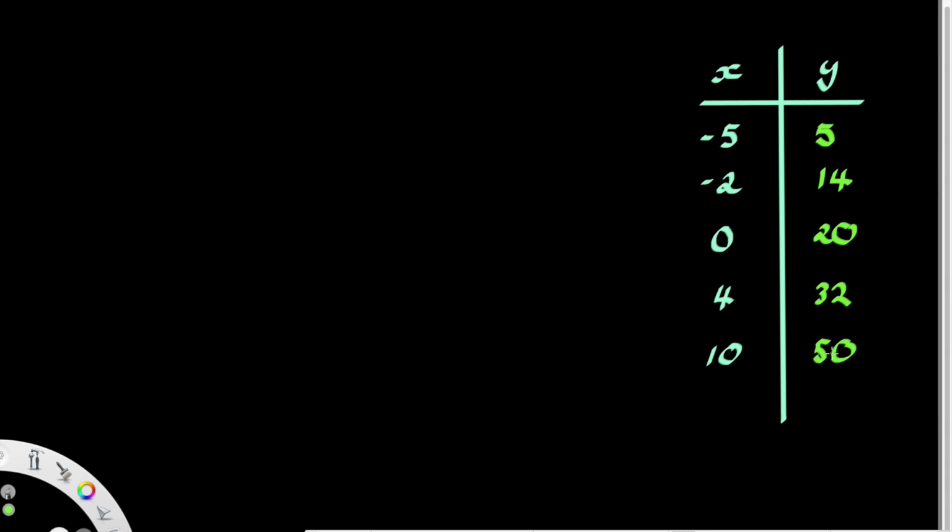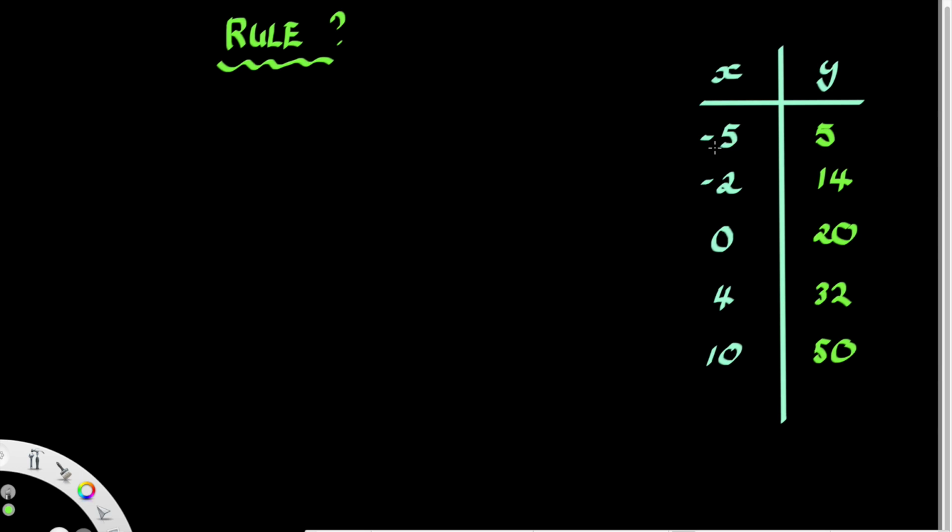So here's the question. What is the rule that I'm using to change those x values into the corresponding y values? Well, let's use Desmos to help us.